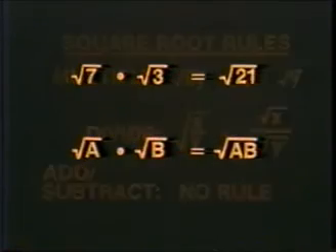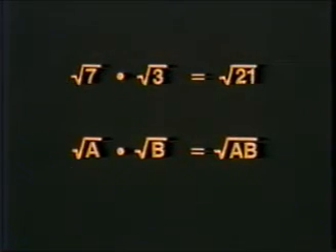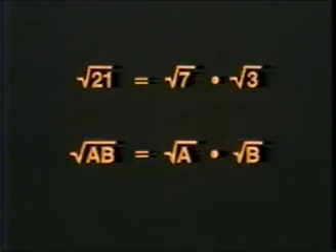Let's take a closer look at something we're pretty sure about, multiplication. We already know how to do problems like these. They're easy. And we know that multiplication rule works in either direction. But what if you ran into something that looked like this?